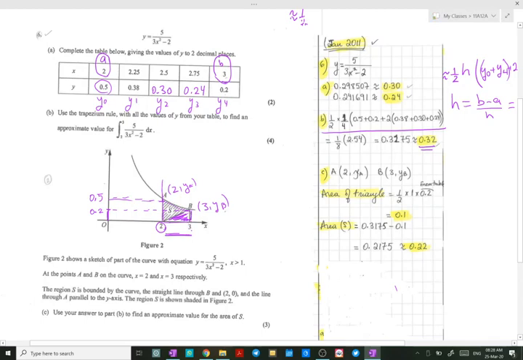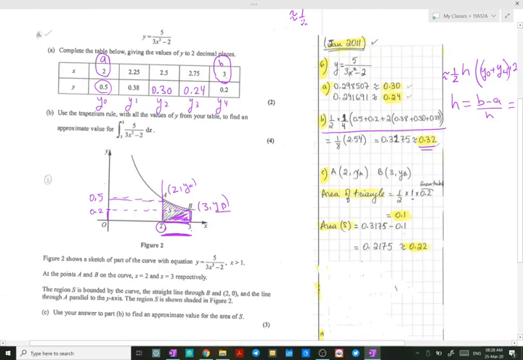And the height here is the y for B that we already found. So you multiply half times 1, because 3 minus 2 is 1, which represents the base, times the y of B, and the answer is 0.1.